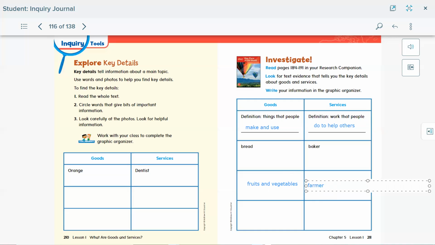So farmer, truck drivers, because they deliver and carry the fruits and the vegetables from the farm to the factory or to the store. And then we have the grocer, the store that you go and buy from.